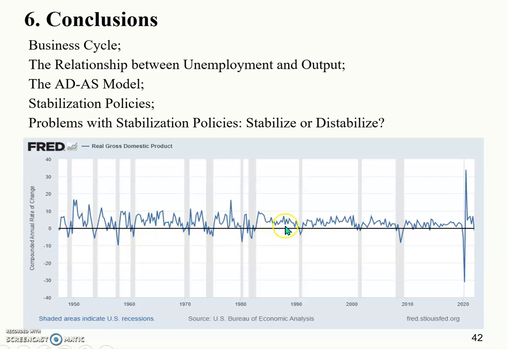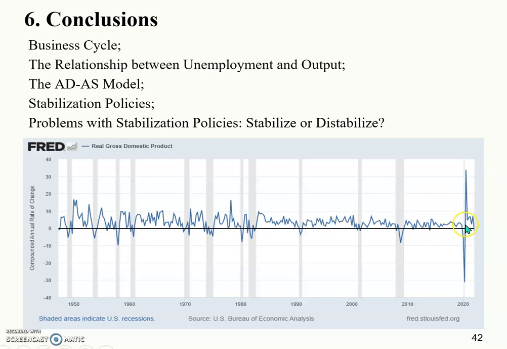So Keynesian economists often take this as very supportive evidence of the Keynesian stabilization policies. They believe this is because of the stabilization policies, which make the growth of the economy smoother.